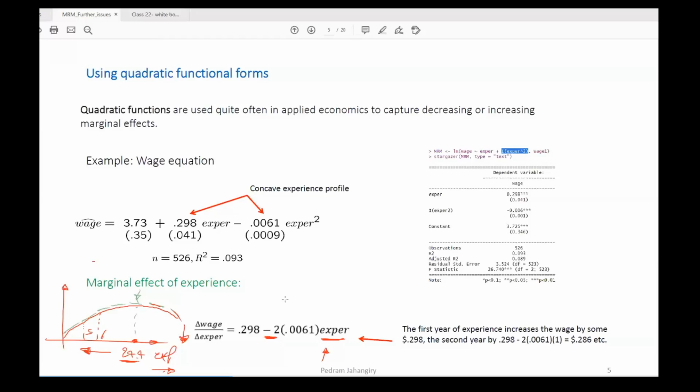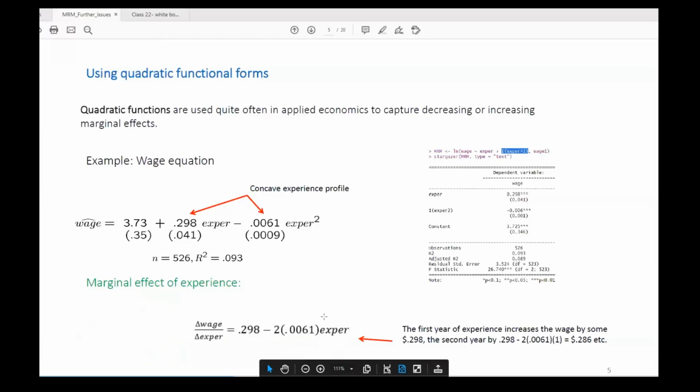So how can we deal with that? In order to answer that question, I need to see how many observations I have for when the experience is less than 24.4 and how many observations I have when experience is greater than 24.4. If there are very few observations in either side, as long as the model has a consistent, non-contradicting story, it's fine. I can have a quadratic version of the model.